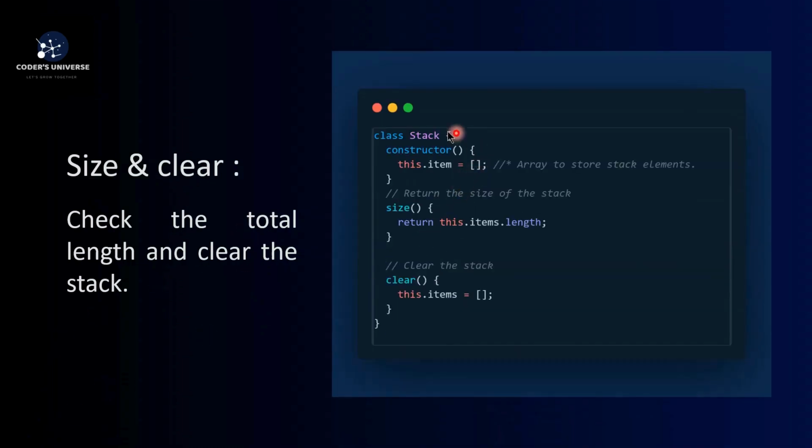There is the code. The same stack is here, the same code as in previous methods, but here you can see the size method. It checks the length of the stack, and here clear is called to clear all the elements from the stack.